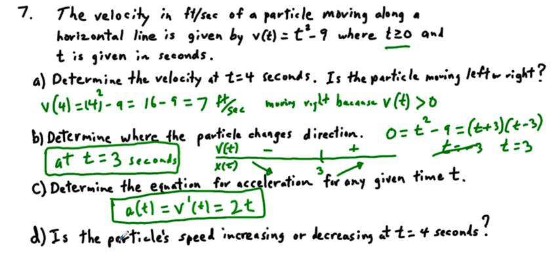Okay, and then part D: is the particle's speed increasing or decreasing at t equals 4 seconds? Well, at t equals 4, v of t is positive, and if we plug in 4 for t into this acceleration, v prime of t is also positive.